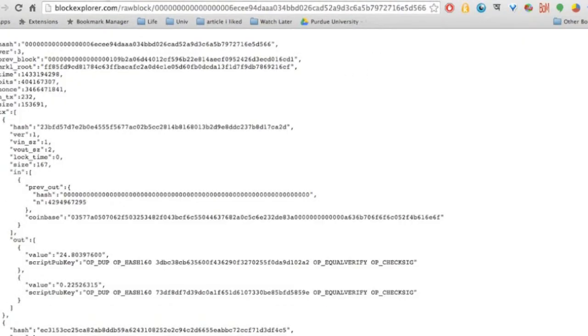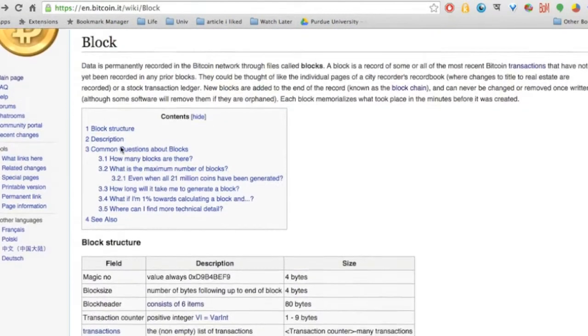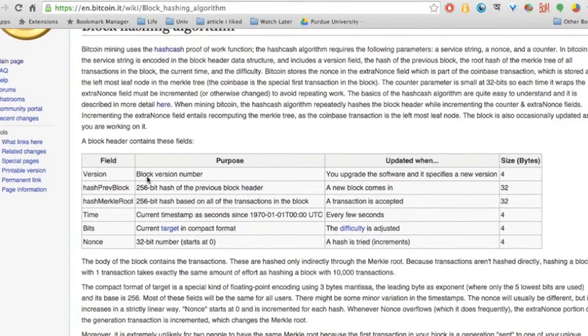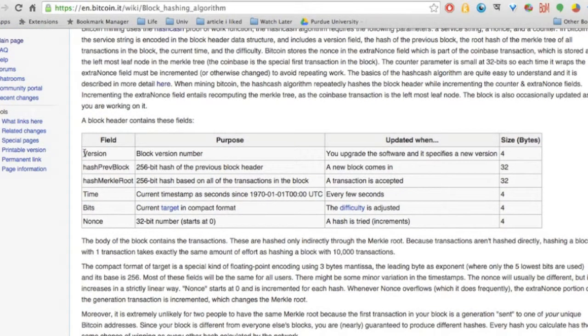So as we were saying, the Bitcoin block header consists of 6 items. Firstly, it has the version, the block version number, and the previous hash of the block.